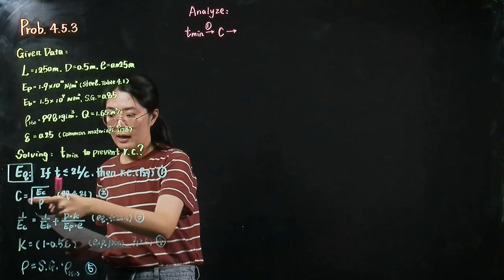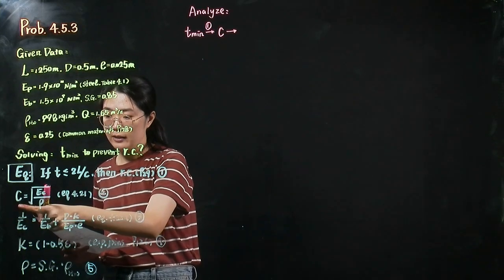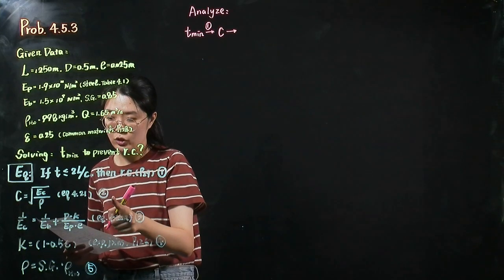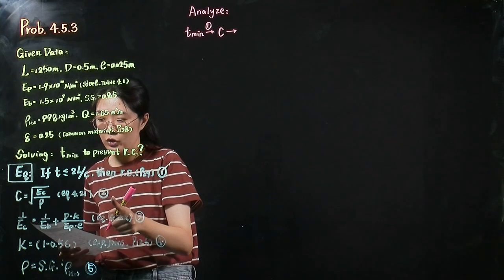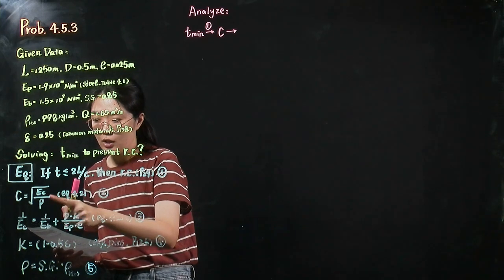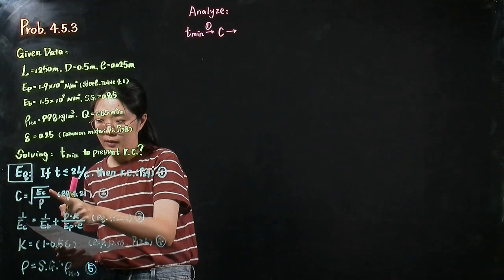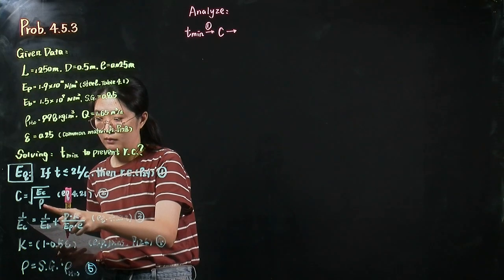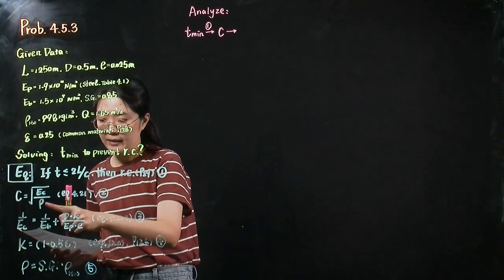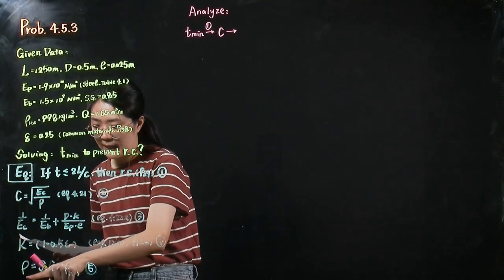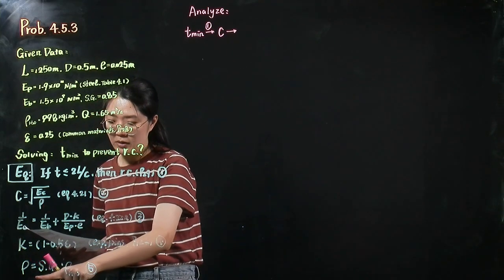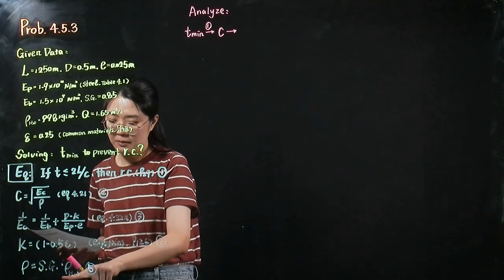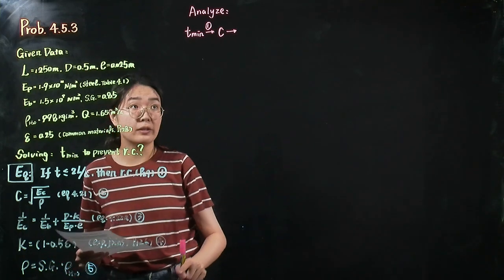The celerity can be calculated using equation 2. In equation 2, the celerity is related to the composite elasticity of the system and the density of the oil. Let's take a look at the density of the oil first. We can calculate it based on the specific gravity times the density of the water.